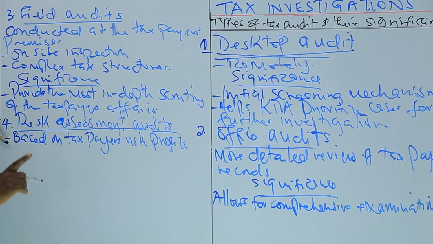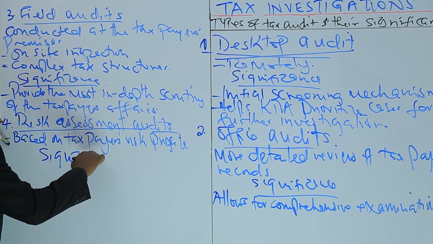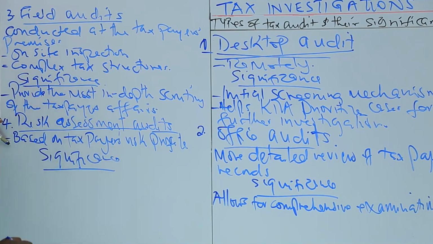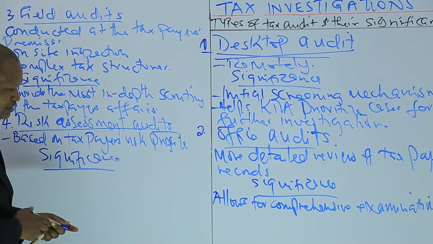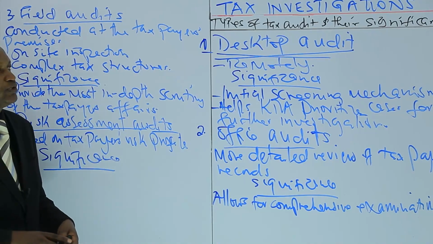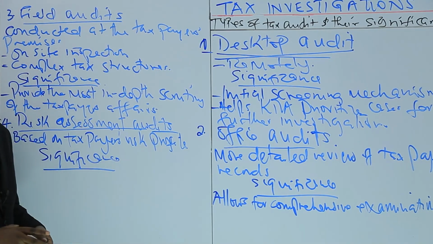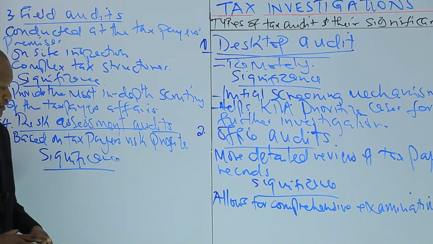So what's the significance of risk assessment audits? Risk assessment audits enable KRA to focus its audit resources on taxpayers with a higher risk of non-compliance. We all know that resources are always limited, and institutions like KRA may not have all the resources at its disposal to audit all institutions in Kenya.